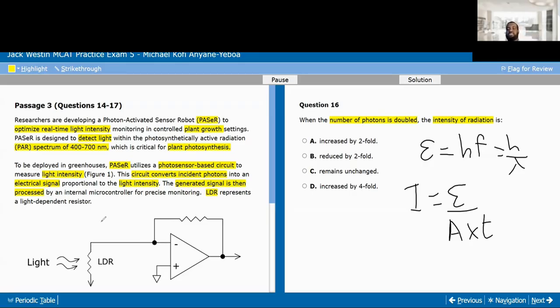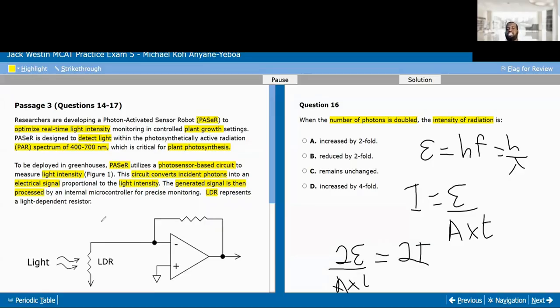So basically, if the number of photons is doubled, so rather than just having 1 E, I have 2 E, the number of photons times the energy, because now my total is 2E. That will give me double the intensity, right?